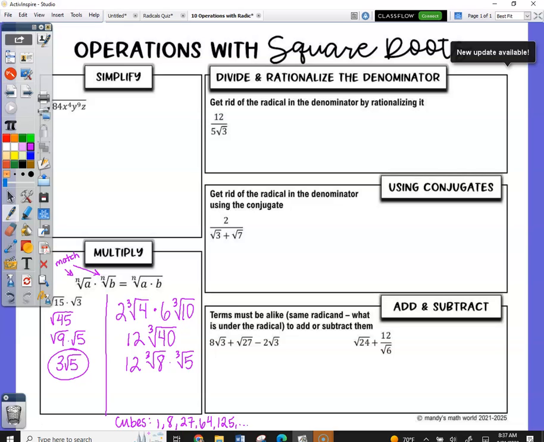I write my cube first because it's fixing to come out of the radical, right? What is the cube root of 8? 2. So this right here is actually just 2. So now I have 12 times 2, and then the cube root of 5 comes down. So that's the answer. 24 cube root of 5.